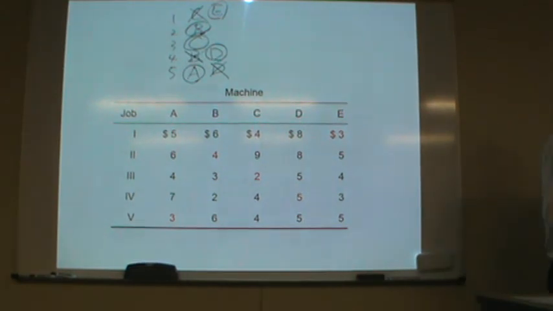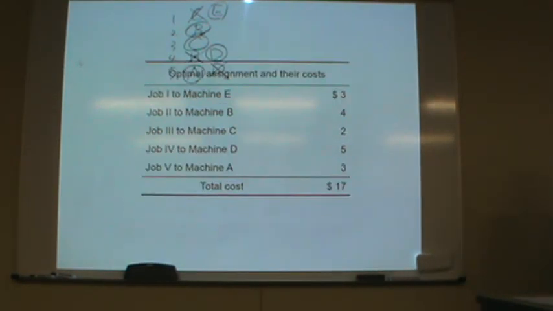So the total cost will be 3, 4, 2, 5, 3, which is $17, if we assign job 1 to E, 2 to B, 3 to C, 4 to D, 5 to A.